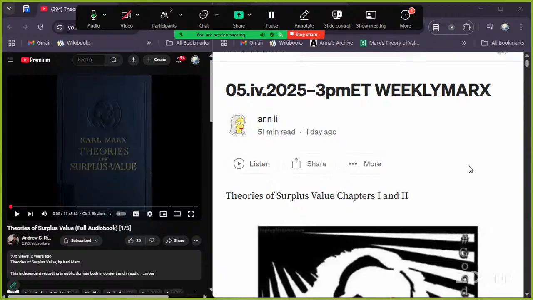The reason to look at Theories of Surplus Value is because it's not so much a later text as it has always been shunted to the side, disclaimed as volume 4 of Capital. And one can argue that that's for good reason. On the other hand, it's pretty clear that it has been attended to as volume 4 for quite a while.